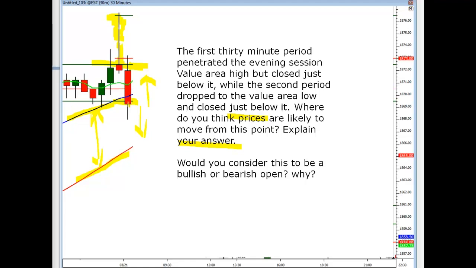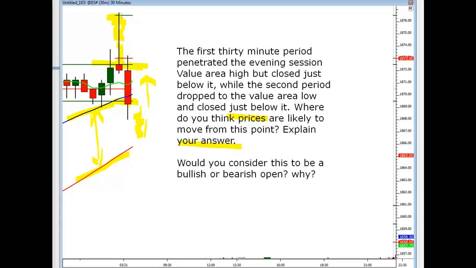If that's the case, I would expect prices not to drop, but to go back up for a second test. After all, if my momentum and my trend is to the upside, this could just be a simple retrace, and let's go back up for a retest. That's why I would want to be long, and I would take a long entry at this point.